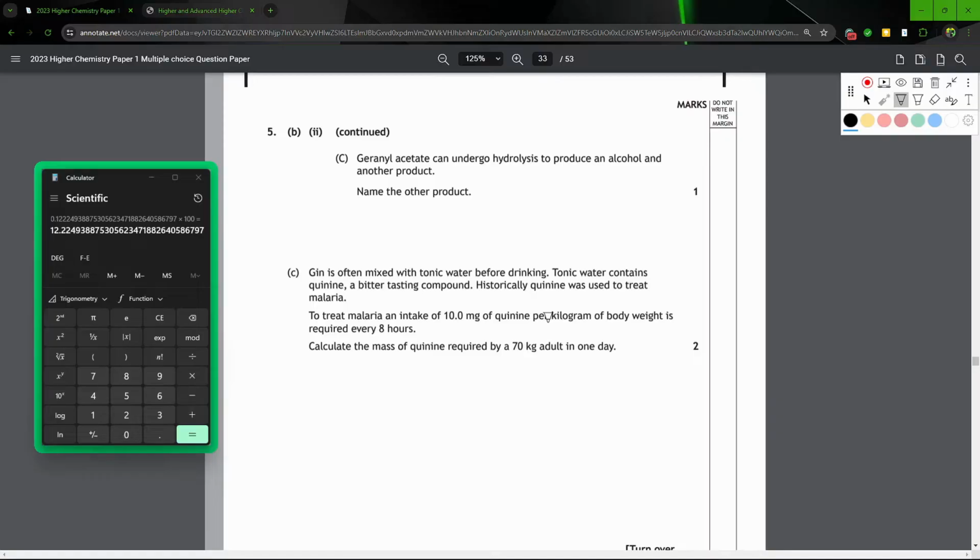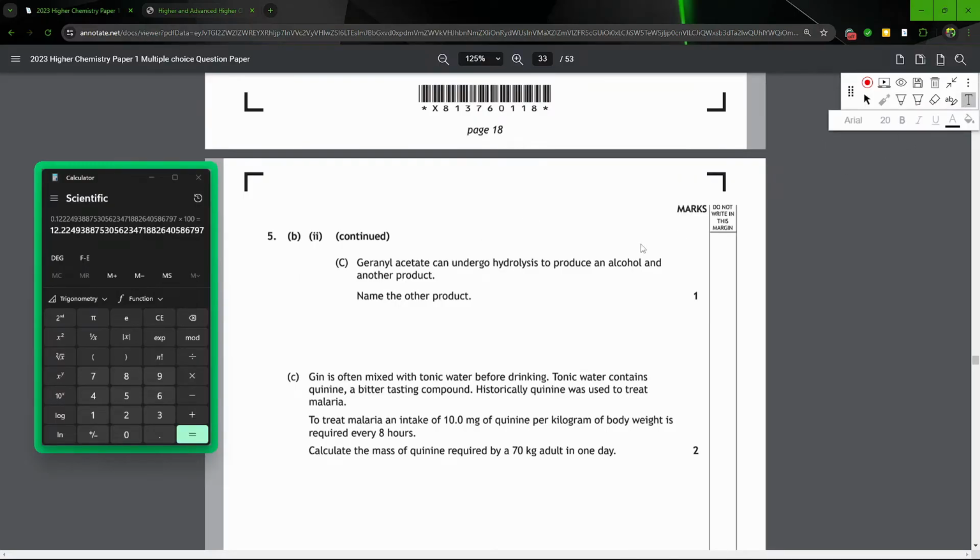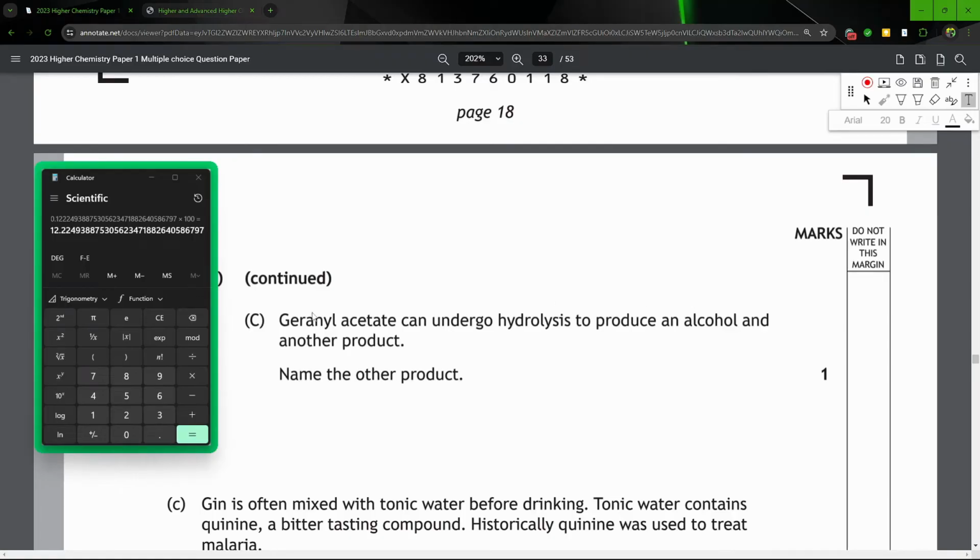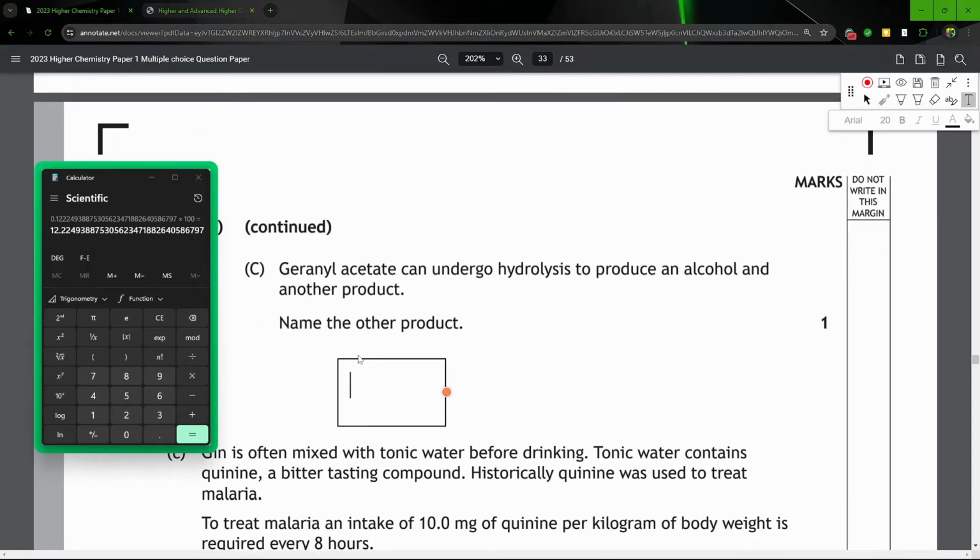Geranyl acetate can undergo hydrolysis to produce an alcohol and another product. Name the other product. Okay, well, this geranyl acetate produces an alcohol, so geraniol would probably be the product, so acetate would be whatever this other one is. So maybe it would be acetic acid.